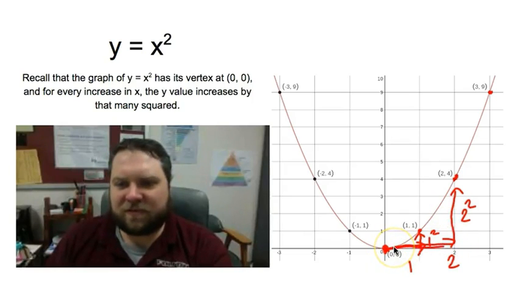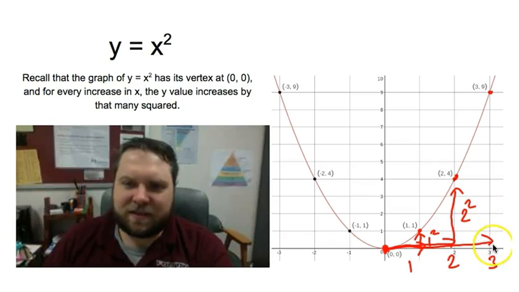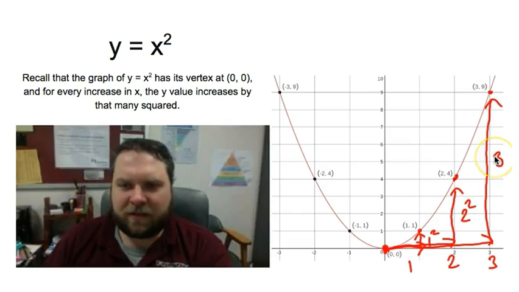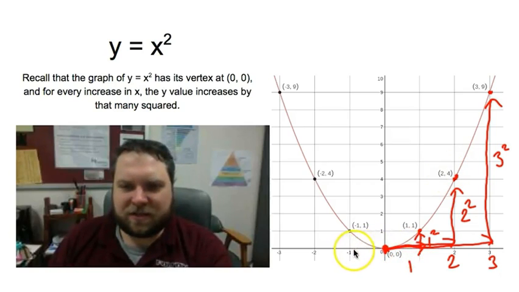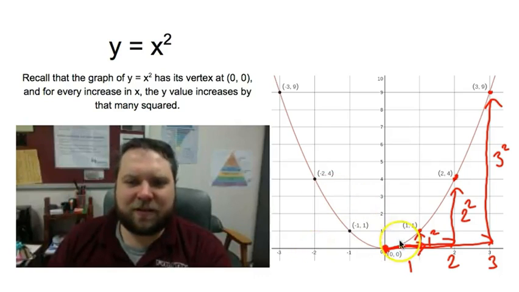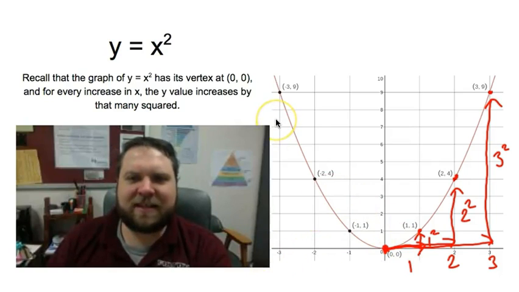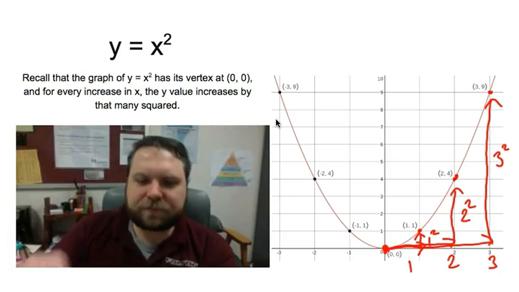If I go over 3 units from the vertex, then I would go up by 3 squared, which of course is 9. And so I can do that in either direction. So over here I can go over 1, up 1, over 2, up 4, and over 3, up 9 to get all the points for my quadratic.